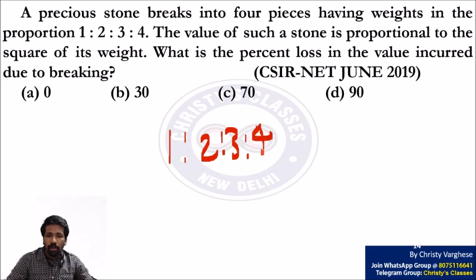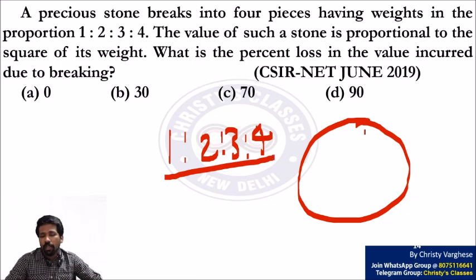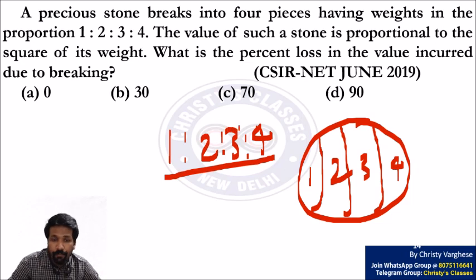That means for the broken pieces we will take an example which satisfies 1:2:3:4. An example which satisfies it is 1, 2, 3, 4 itself. You can take 2, 4, 6, 8 also, but I am taking 1, 2, 3, 4 because that is the easiest example which satisfies the ratio.